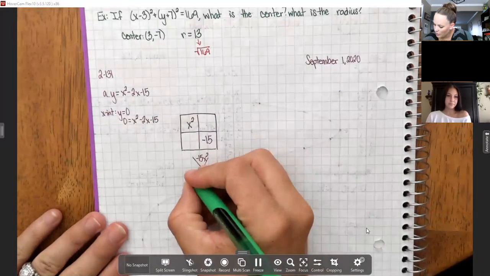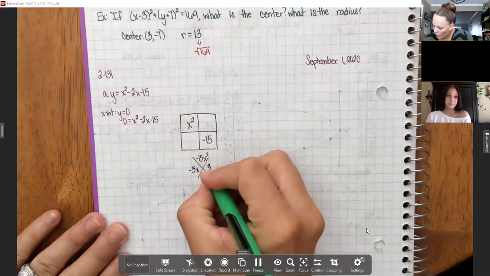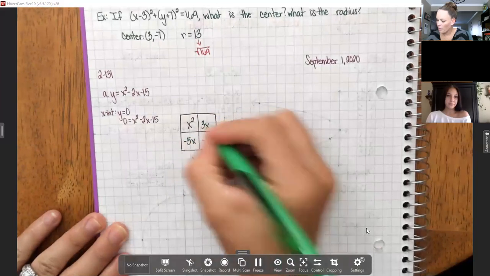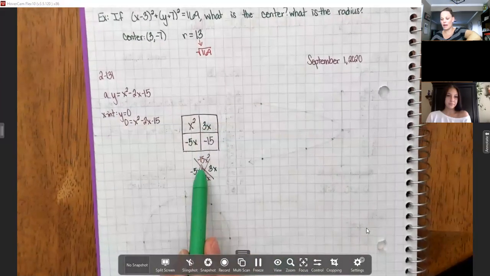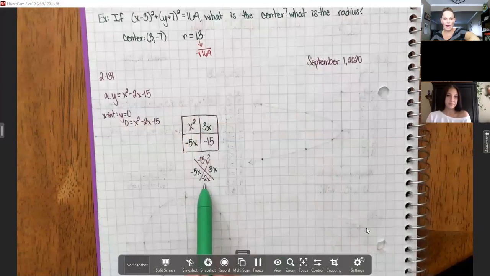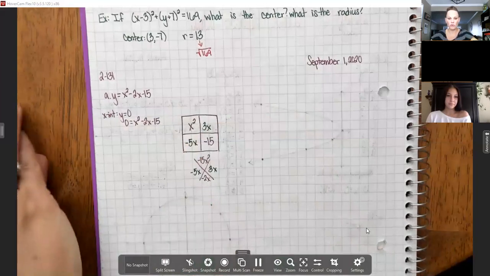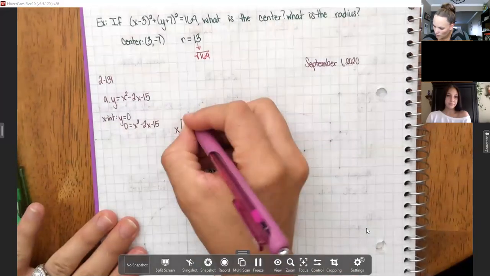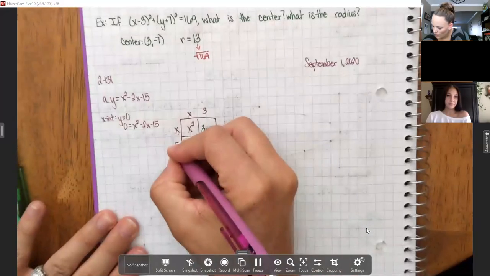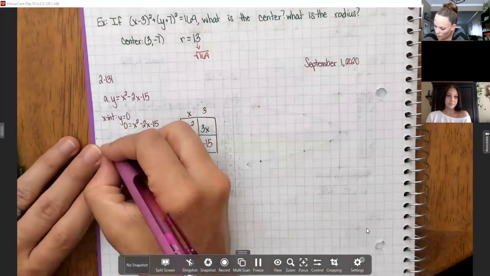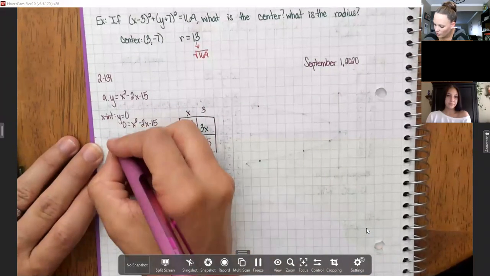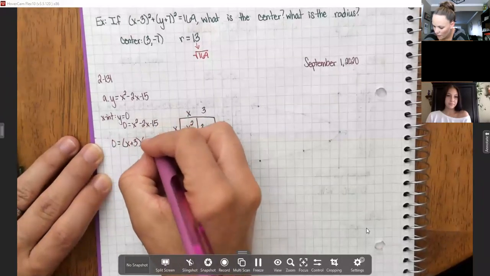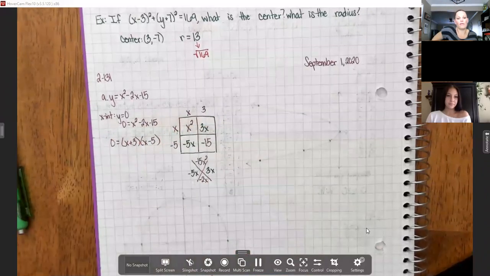So my sides here will be negative 5x and 3x. Remember, we're looking for two numbers that multiply to negative 15, and that when we add them, the sum is negative 2. So we have 0 equals x plus 3 times x minus 5, because that's the outside of our box.